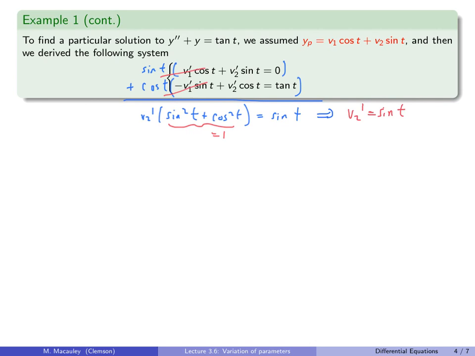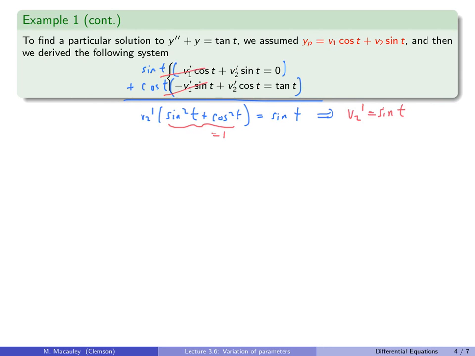Okay. So that's v2 prime. Let's do the same thing and isolate v1 prime. So instead of multiplying by sine and cosine to eliminate this, we want these to cancel. So let's multiply the first one by cosine and the second one by sine, and then subtract these two equations.